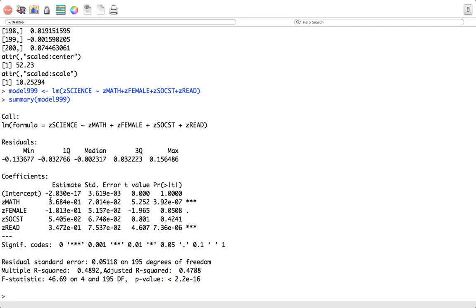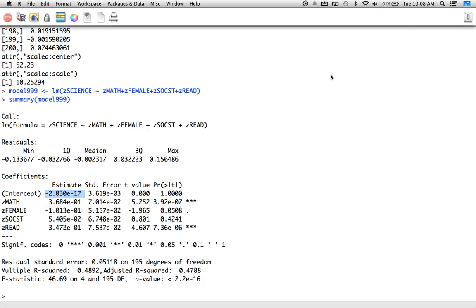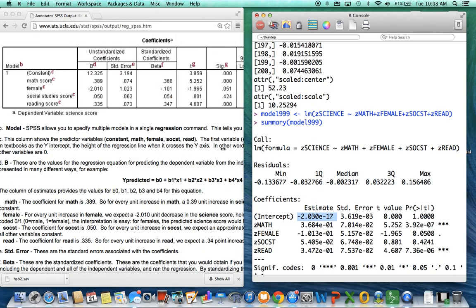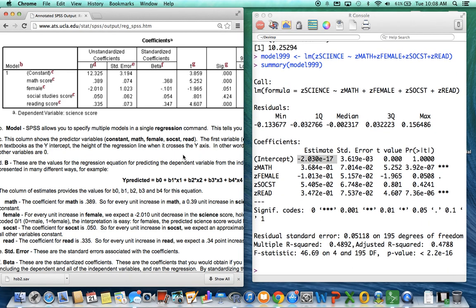Now, again, this is essentially an intercept-free model because the negative 17 should be clear. And let's compare to what SPSS calculated. Well, guys, you'll see it's the same thing, right?